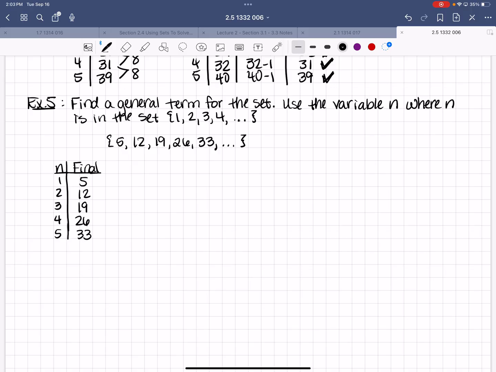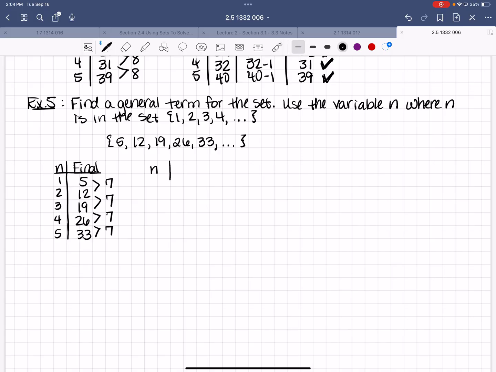I find my steps now. From one final to the next, you're looking for the step. 5 to 12 is 7. 12 to 19 is 7. 19 to 26 is 7. And 26 to 33 is 7. Okay? They're all the same. They're all 7. And those strange looking 7s there.